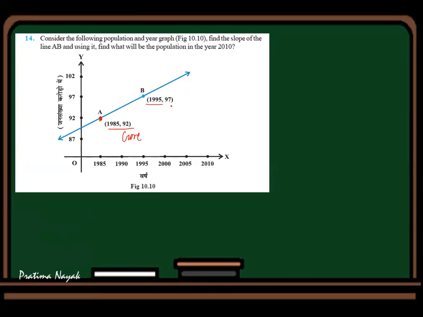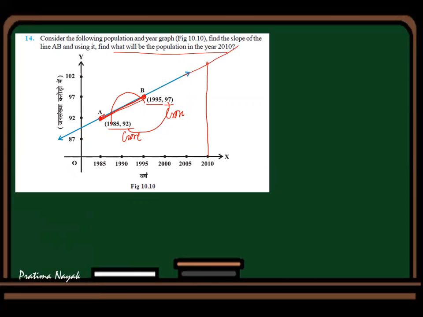In 1995, it was 97 crores. First, the question is, find the slope of line AB. What is the slope of line AB? It will be y2 minus y1 upon x2 minus x1.